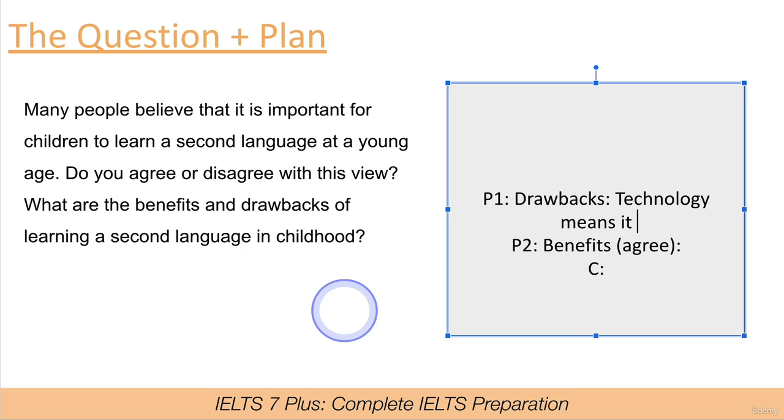So it means it is less essential. So if it's less essential, then children can, well, the drawbacks are if you do learn a second language, then it's time used that could be spent on other things. So technology means it is less essential to learn.